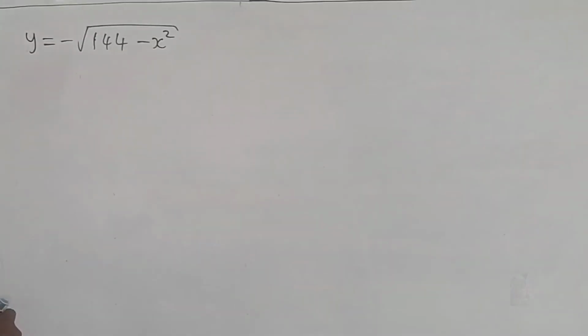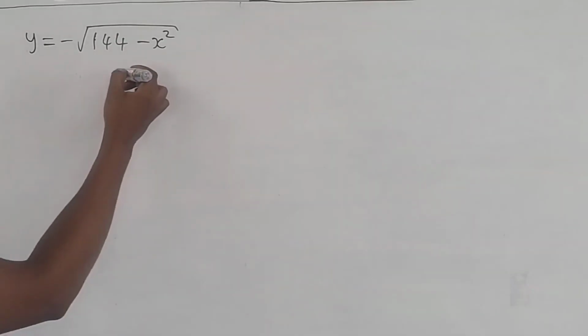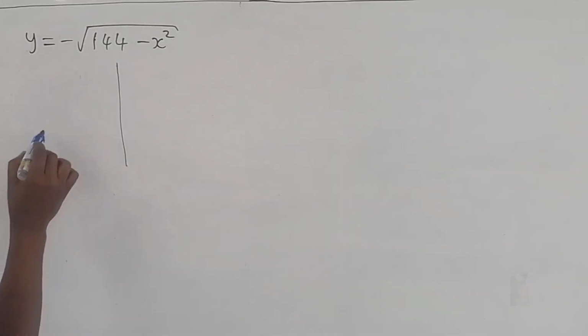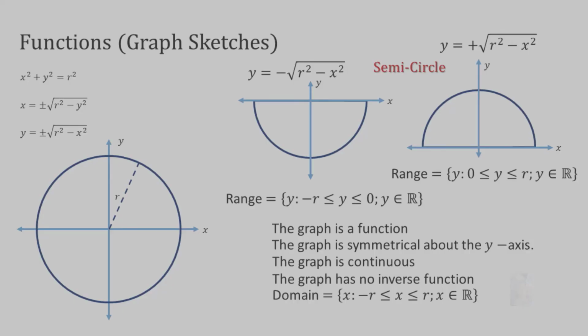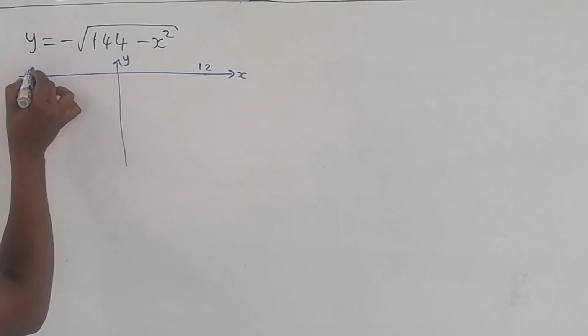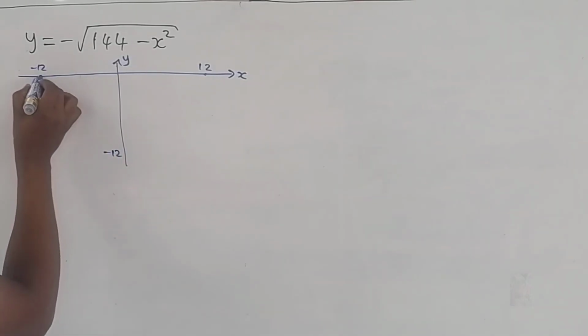The question says, sketch the graph of y is equal to negative square root of 144 minus x squared. Of course, now we have a negative. That means we are focusing only on the negative side. That means below the x-axis. So this graph will only appear under the x line. Now we will look for the intercepts.